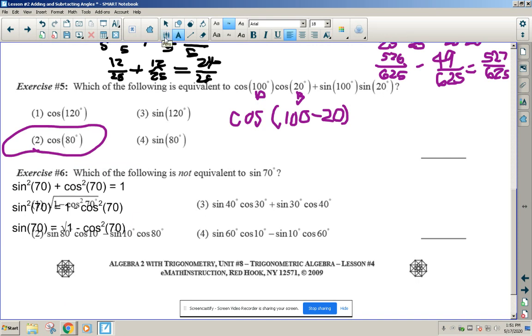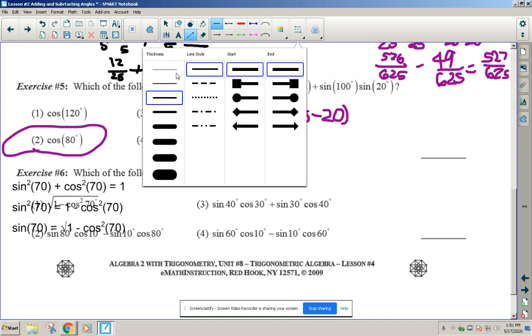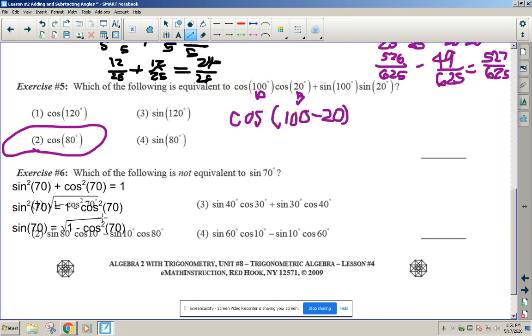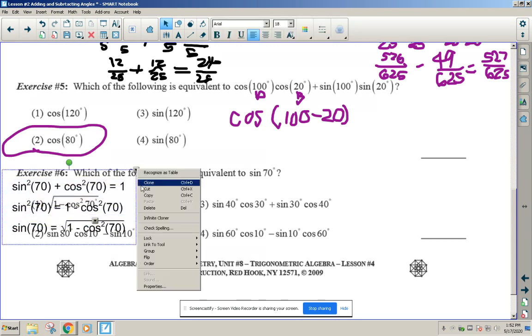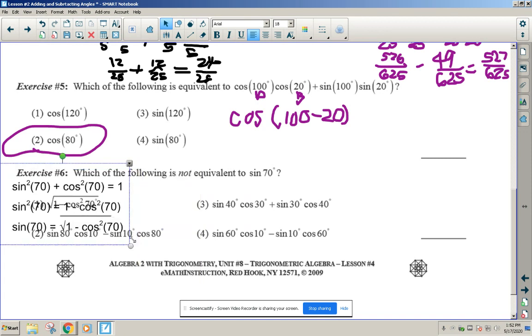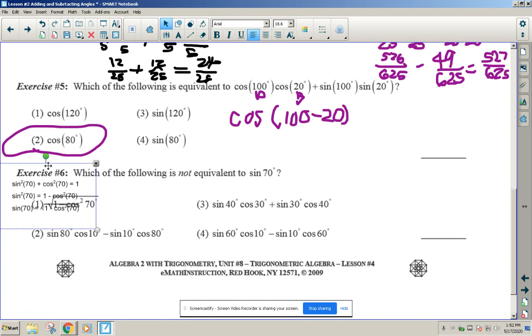And I'm just going to finish off. And that is this one right here.